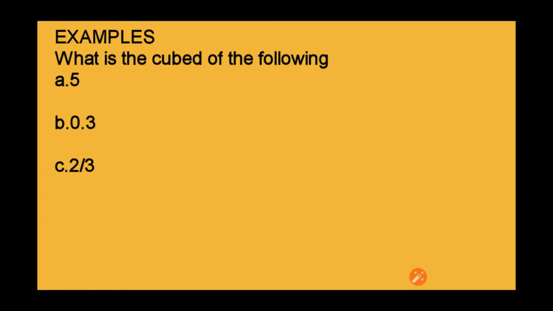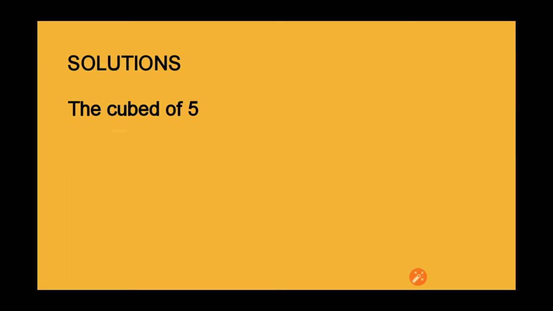Now let's go further by looking at how to find the cube of 5. The cube of 5 simply means 5 raised to the power of 3, which can be written as 5 times 5 times 5. 5 times 5 is equal to 25. 25 times 5 gives us 125.